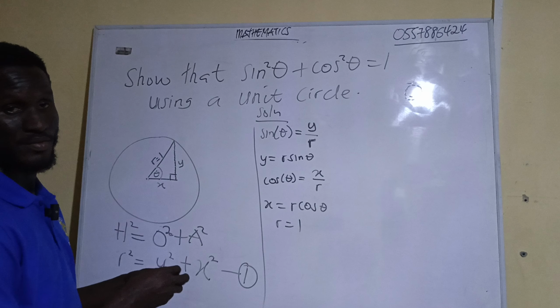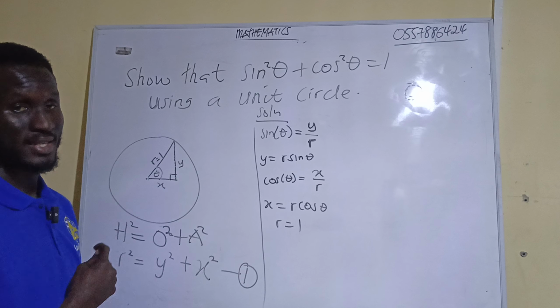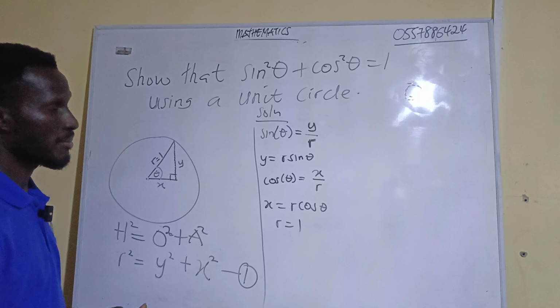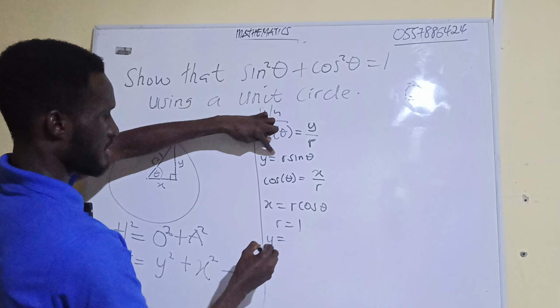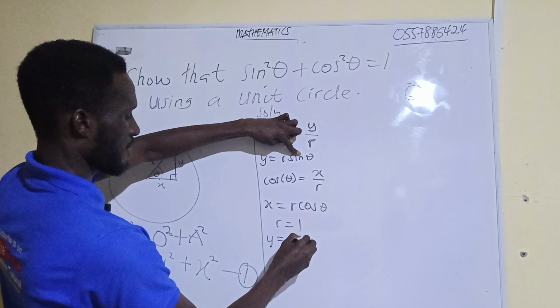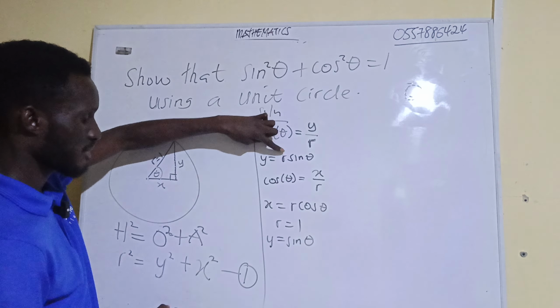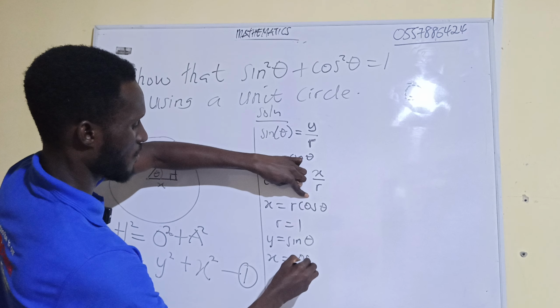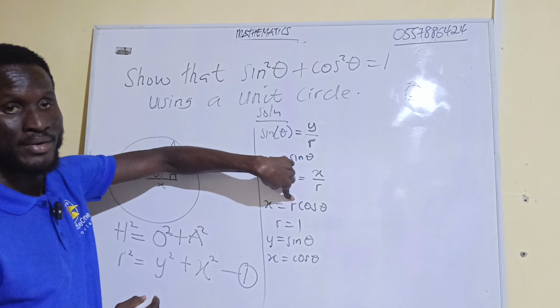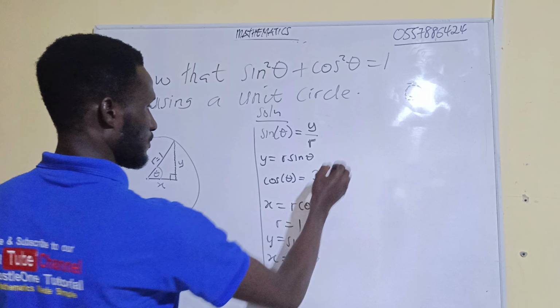Even if we don't equate r to 1, we can still get the answer. But if r is equal to 1, it means y is equal to sine theta, because this r is 1, and x is equal to cos theta, because this r is 1.